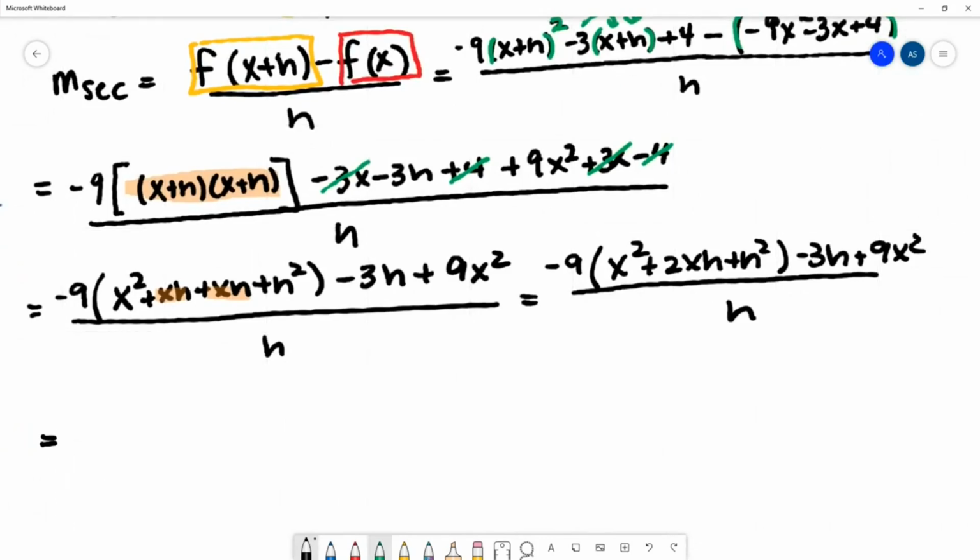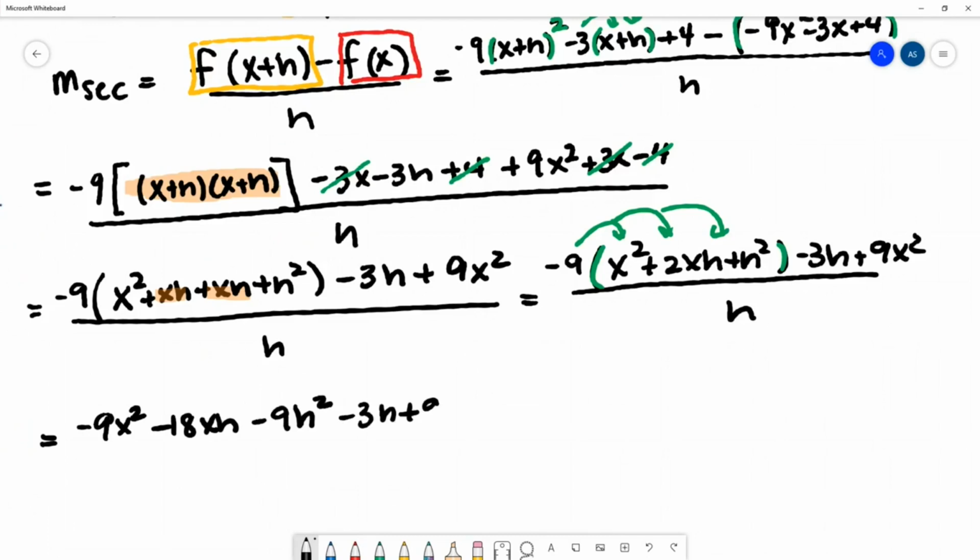I'll distribute the negative 9 so I can remove these parentheses. I have negative 9x squared minus 18xh minus 9h squared minus 3h plus 9x squared over h. And I have some more terms that will cancel. Negative 9x squared and a positive 9x squared cancel.